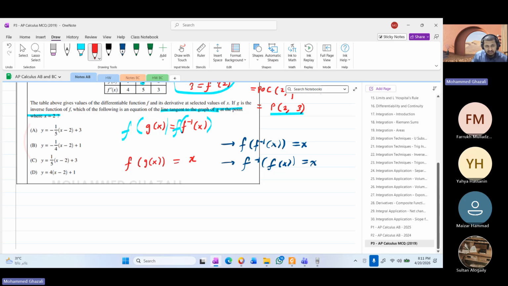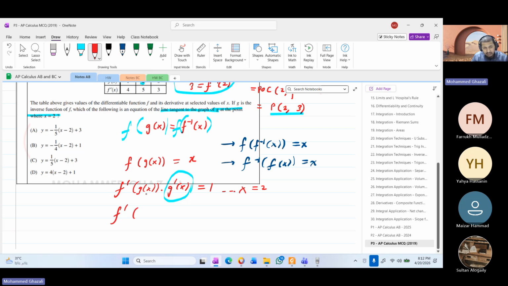This is a composite function, so you start differentiating from the outside. That's f prime of g of x times the derivative of the inside, g prime x, which is just equal to 1. Now you want to evaluate this at x equal to 2 because we want to find the slope. Your goal is to find g prime 2, which is your slope.